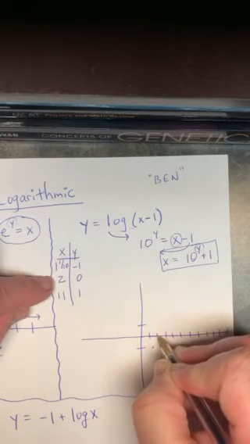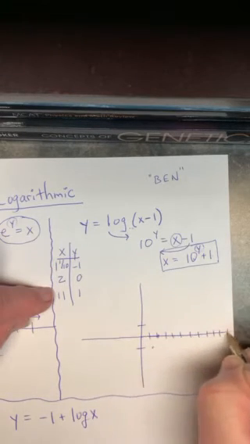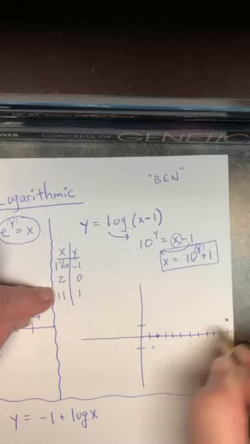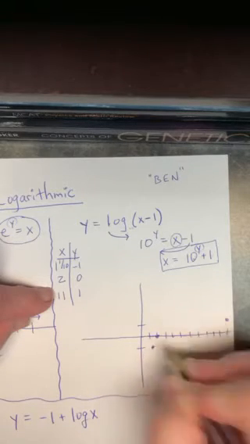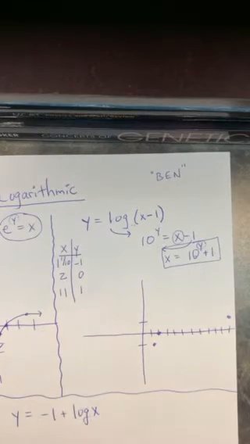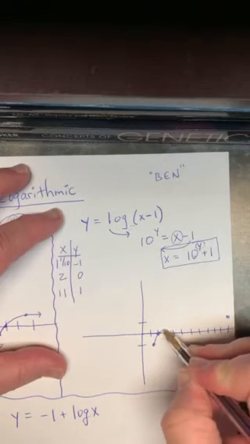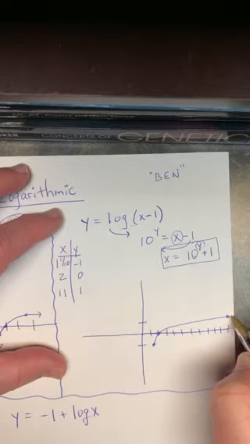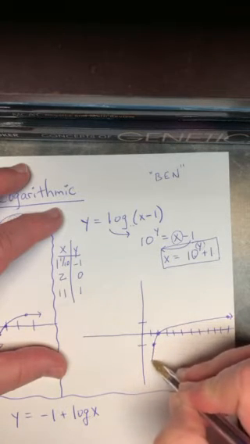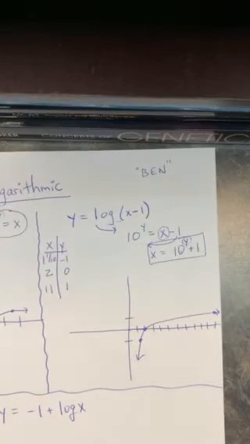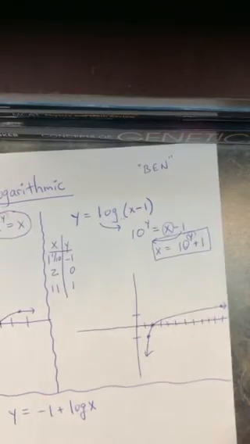Right 2 and up 0. Right 11 and up 1. So I've got a dot, and a dot. Takes on a very similar shape to that last problem, but we're going through there. We're going to flatten things out and continue down in that direction. Okay? All right, one more to go.